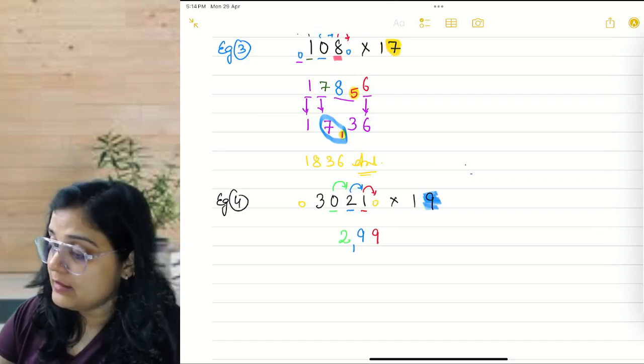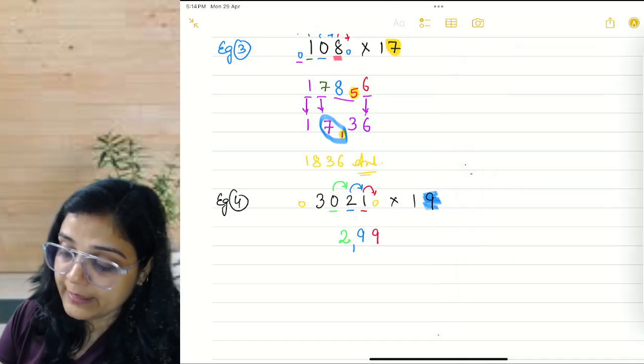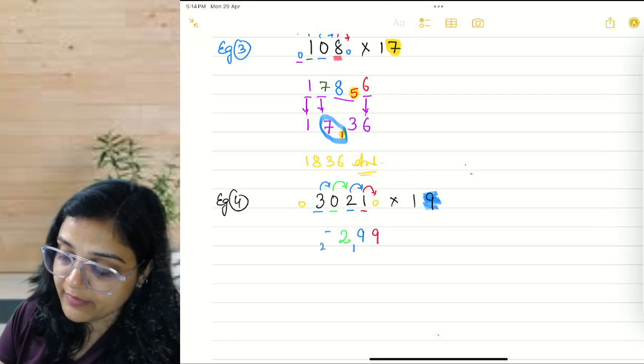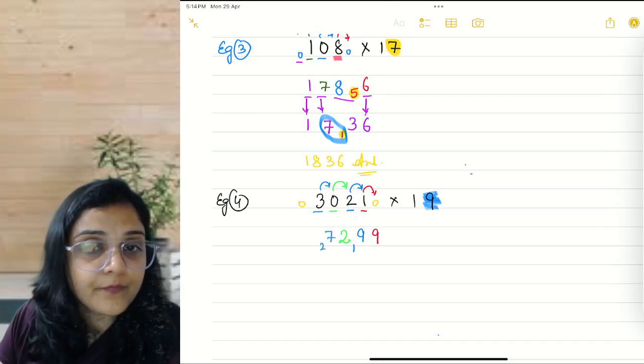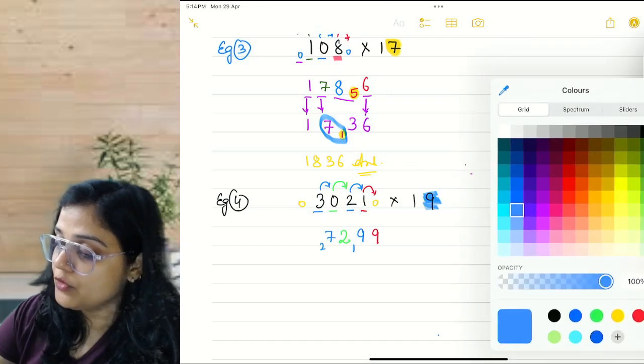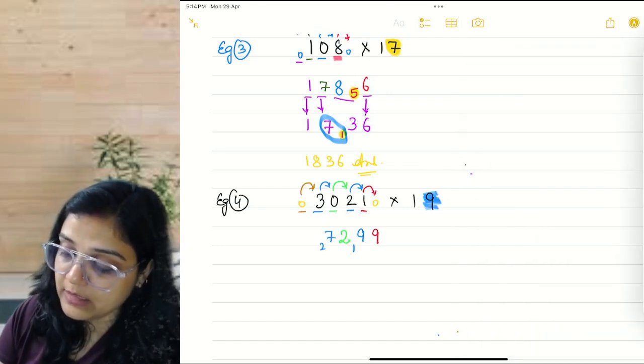Clear? Then 9 into 3 is 27, plus 0 is 27. And finally, 9 into 0 is 0, plus 3 is 3.